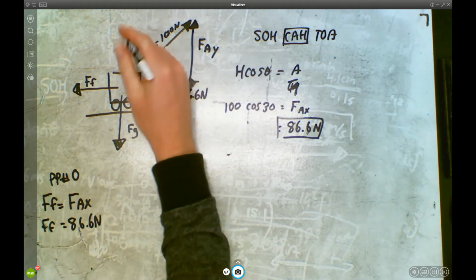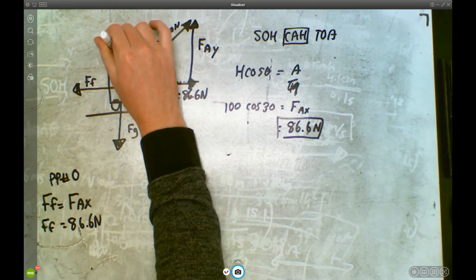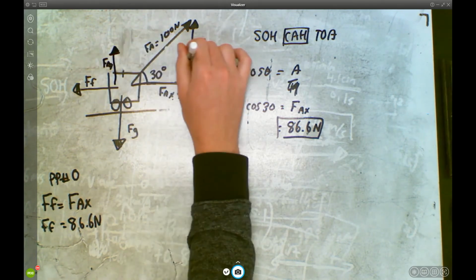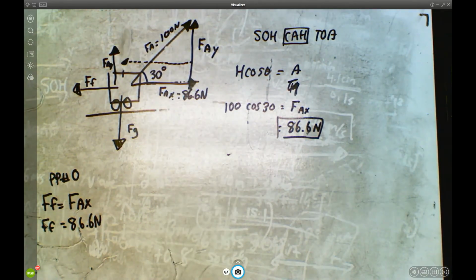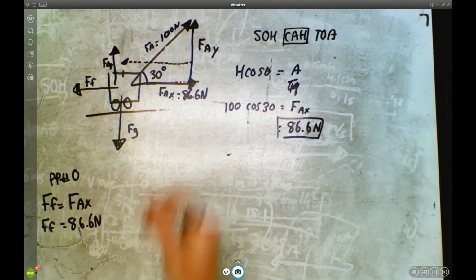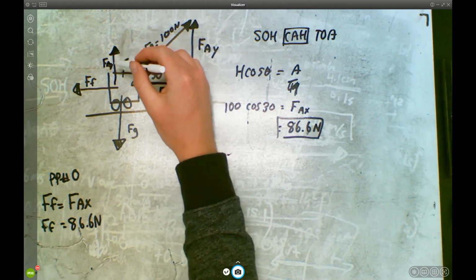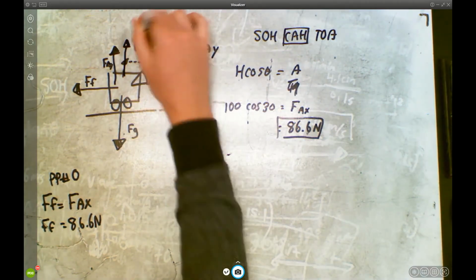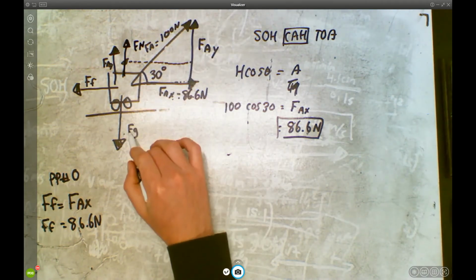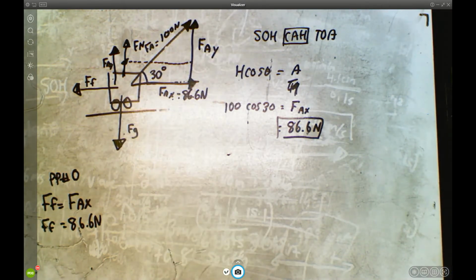So I can take this force applied in the y, and I can move it over here so it's part of our free body diagram, right? So I have a bunch of different forces acting on it. I have my force normal here, but my force normal is not going to equal my force gravity because I have this extra force.